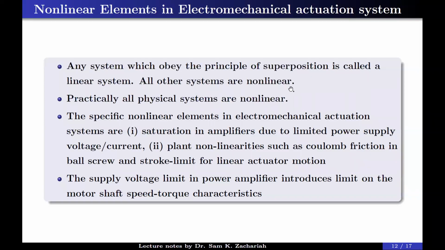All other systems are non-linear. Non-linear is the vast majority, so it is better to define the limited group, that is the linear system. A linear system actually has to follow this principle of superposition. I hope all of you are familiar with it. Am I right?